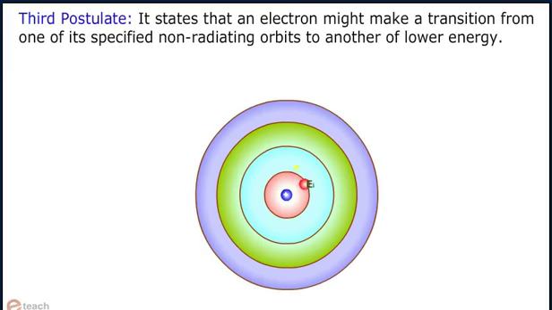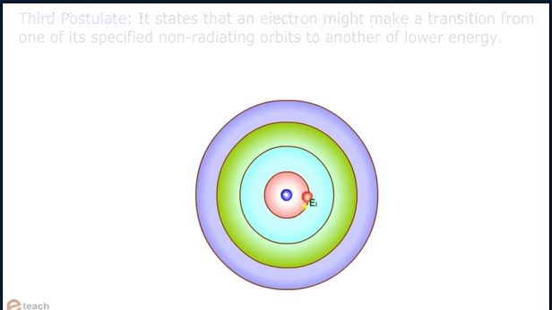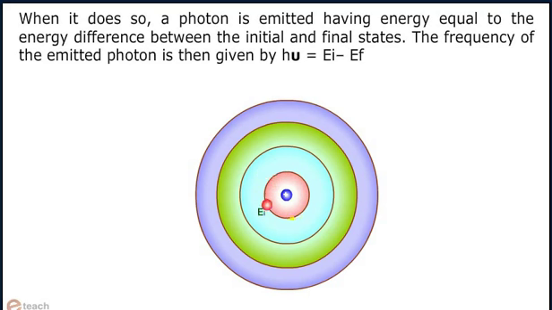Third postulate. It states that an electron might make a transition from one of its specified non-radiating orbits to another of lower energy. When it does so, a photon is emitted having energy equal to the energy difference between the initial and final states.